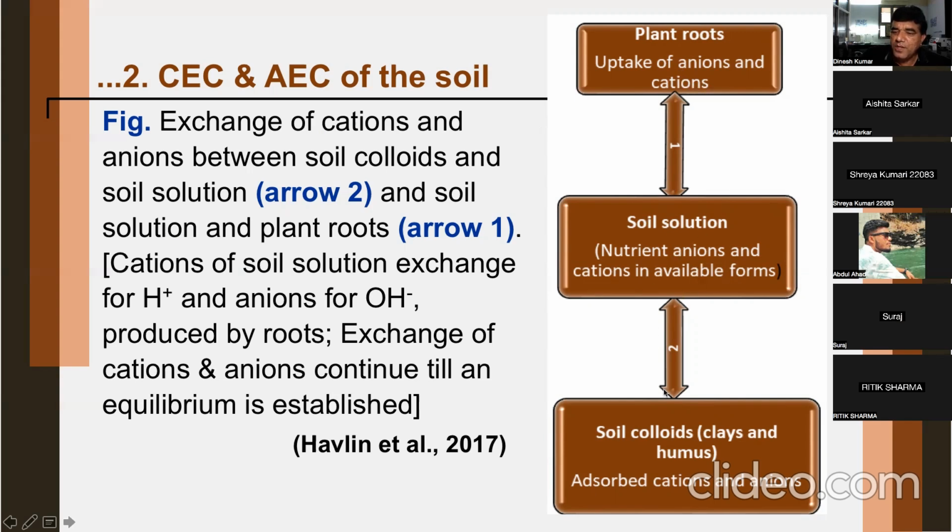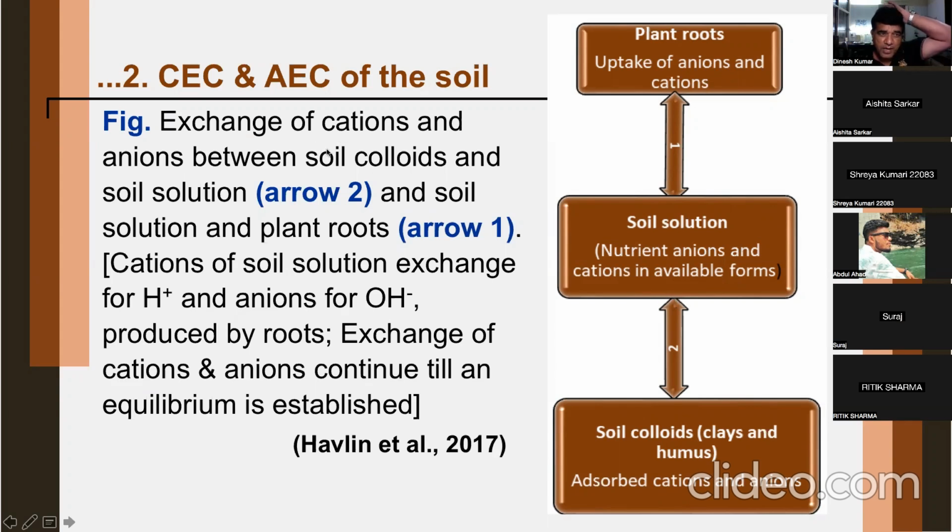Similarly, these nutrients can come, number 2, you can see the lower box, soil colloids, that is clays and humus, and they have adsorbed cations and anions. So these are exchange surfaces, and from here, the ions can exchange into the soil solution. And you can see most of the time a balance, or a kind of equilibrium, is maintained.